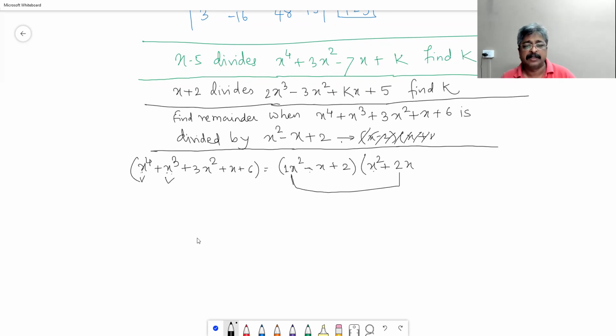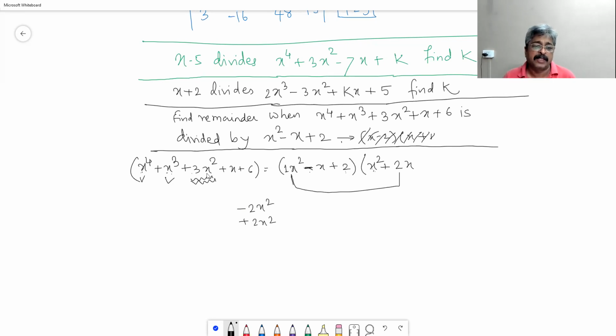Second term is done. Now as far as x square is concerned, you have to be a little more careful because there are three ways of generating x square. First is minus 1 into plus 2, so you got minus 2x square with you. Then you have plus 2x square with you.